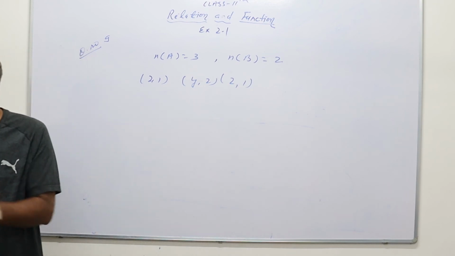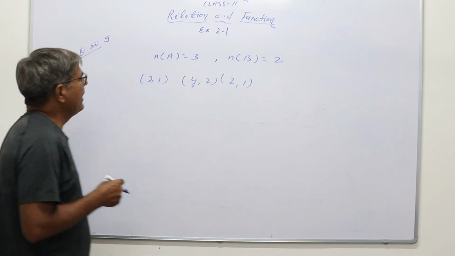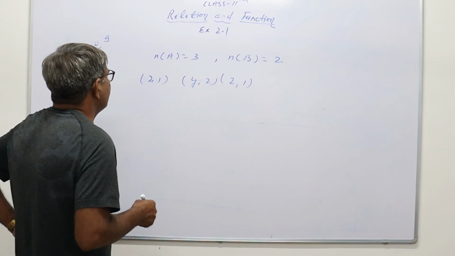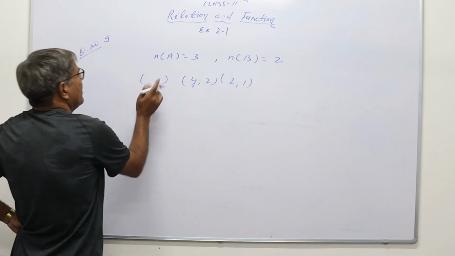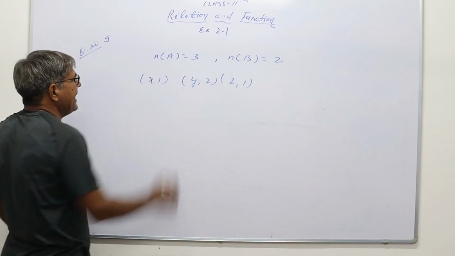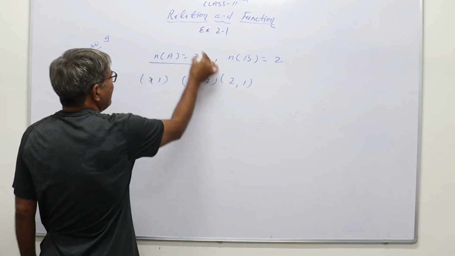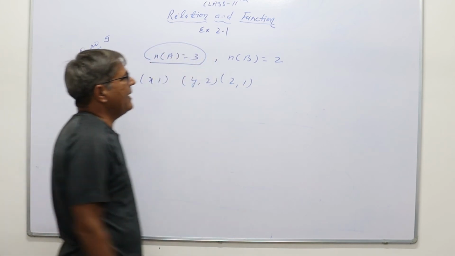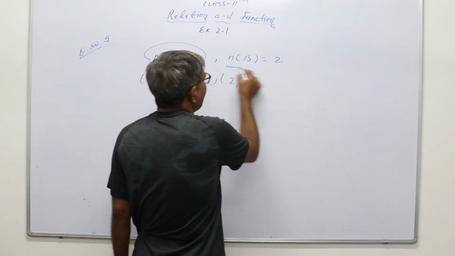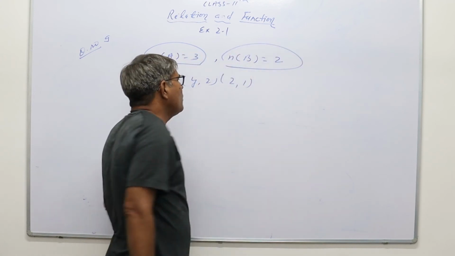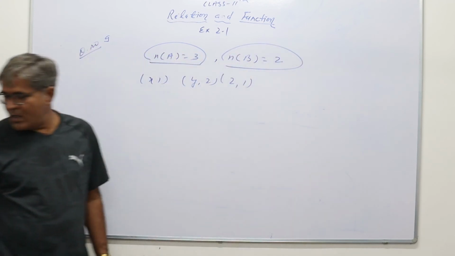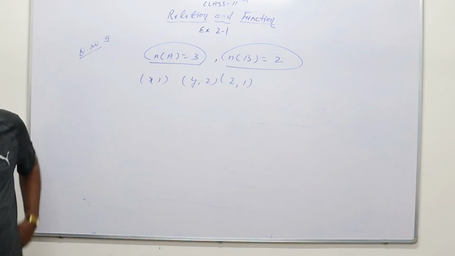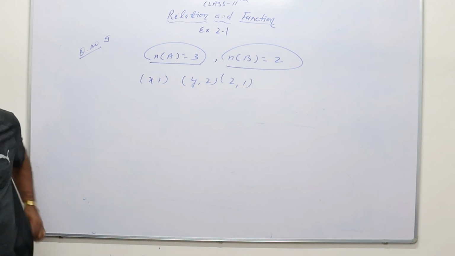So, what we have given? We have given that one set A is given in which number of elements are 3. Similarly, another set B in which number of elements are 2 and A cross B is defined.